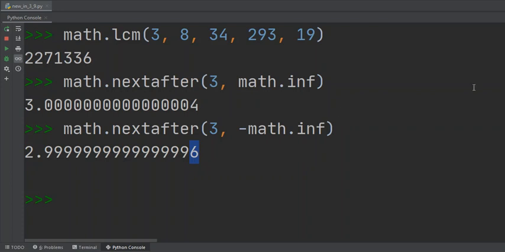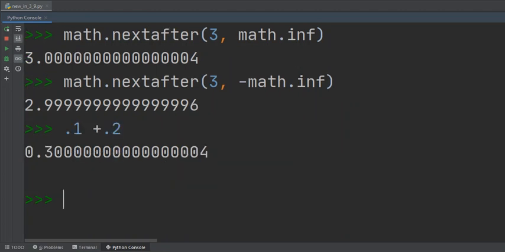And so you end up with quirks like this classic example, 0.1 plus 0.2 gives you 0.3 and some number at the end, right? Even though a human being knows that it should be 0.3, it's actually going to give you this answer that to a computer is correct, but to a human being we know that it's really not.